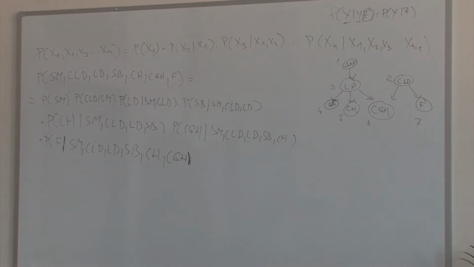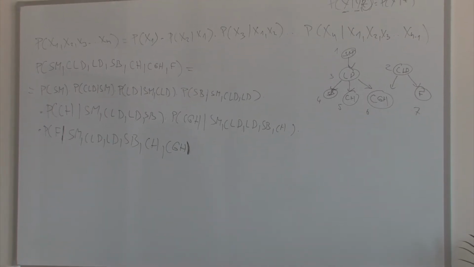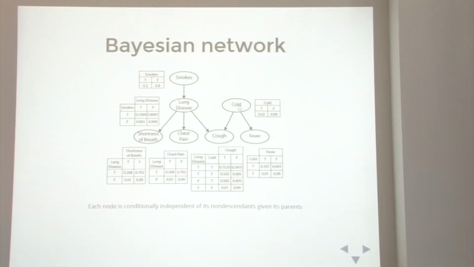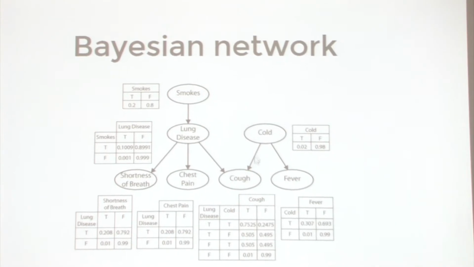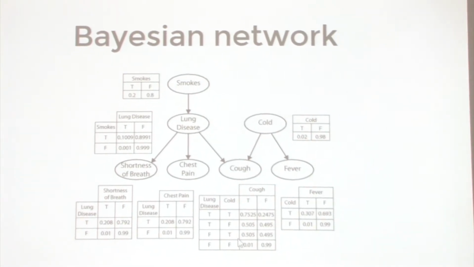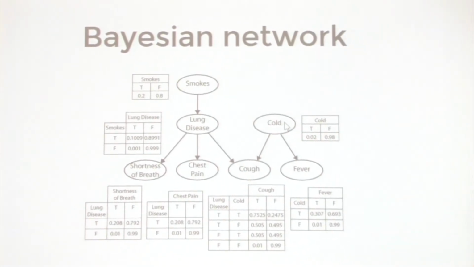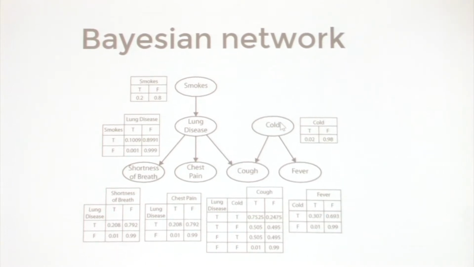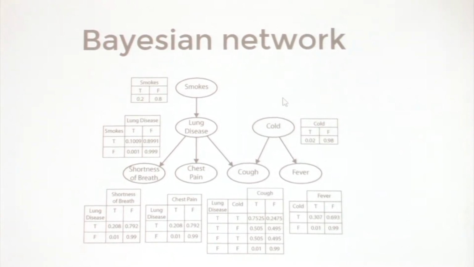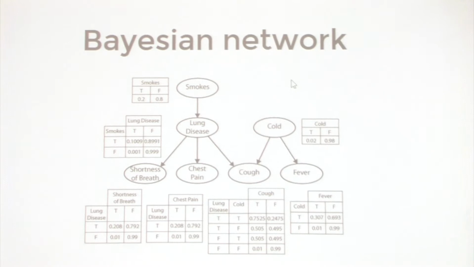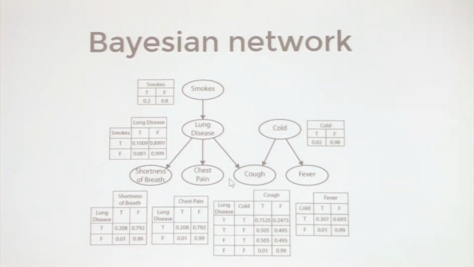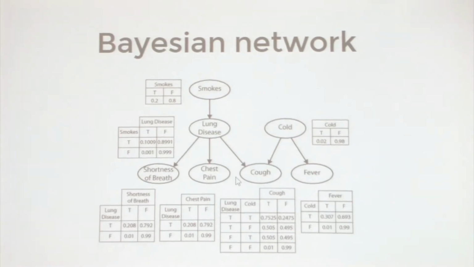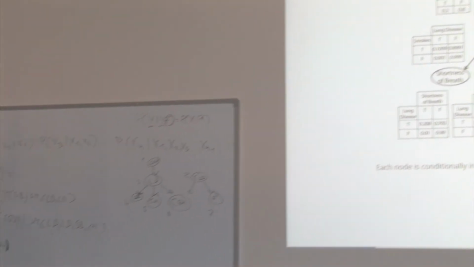What it really means is that for each node, if there's another node, like, let's say for cold there's smoke, that is not its descendant, so you can see that smoke is not a descendant of cold. And given the parents of cold, well, cold does not have any parents, but if it had, then given its parents, smoke would be conditionally independent of cold. So if we apply this rule, we can cross out many of the variables right here.